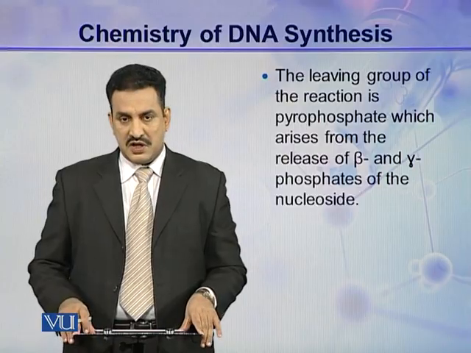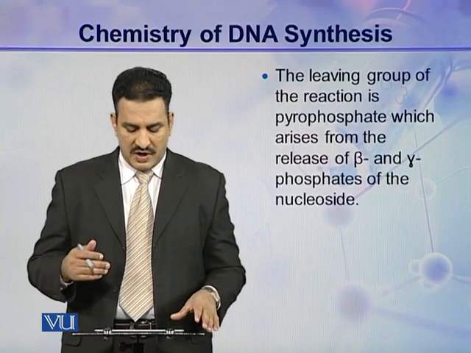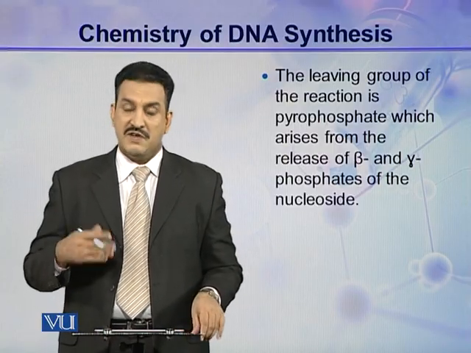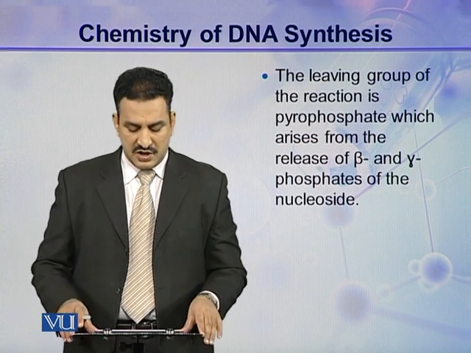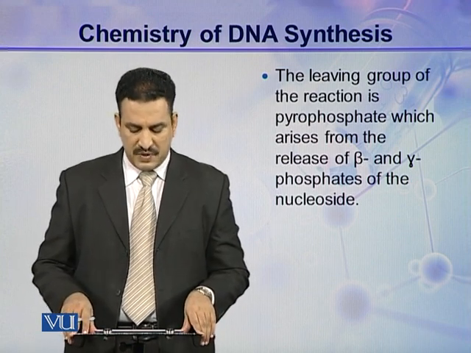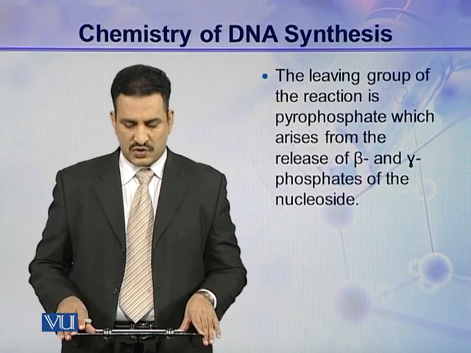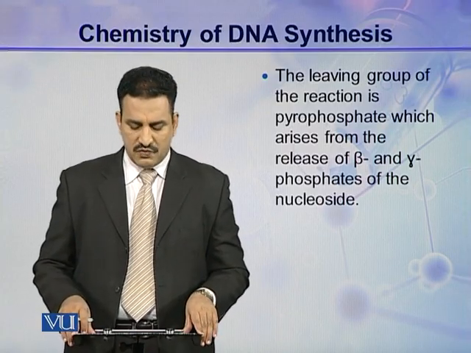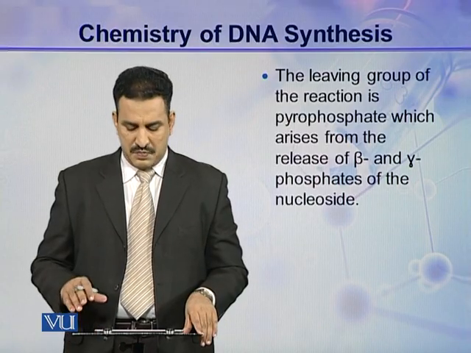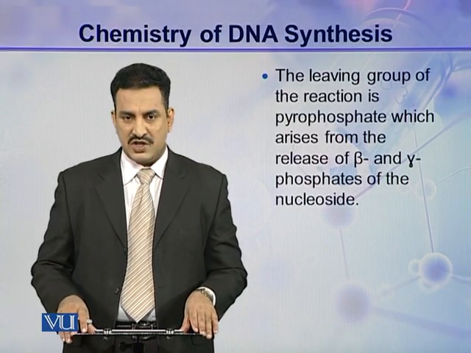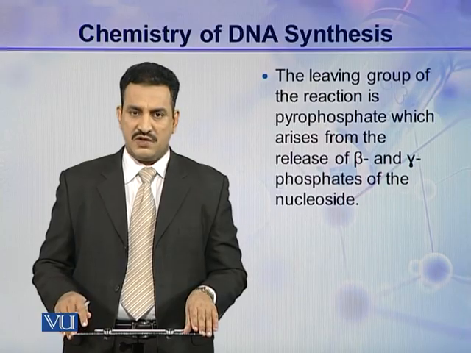So, after this attack, one group leaves the reaction, and the leaving group is pyrophosphate. What is pyrophosphate? Pyrophosphate arises from the release of the beta and gamma phosphates of the nucleoside triphosphate.